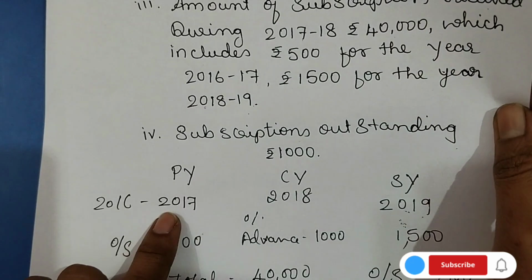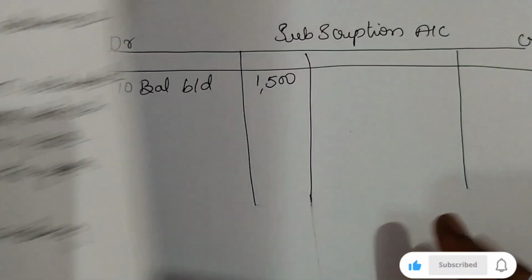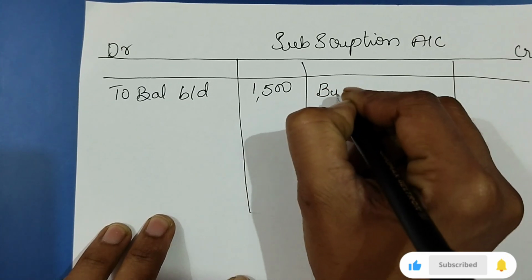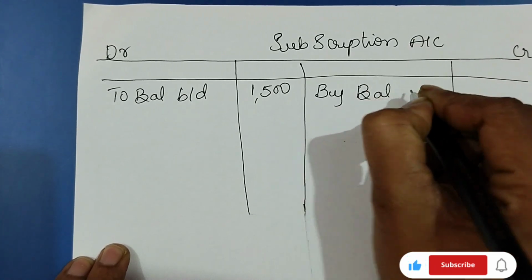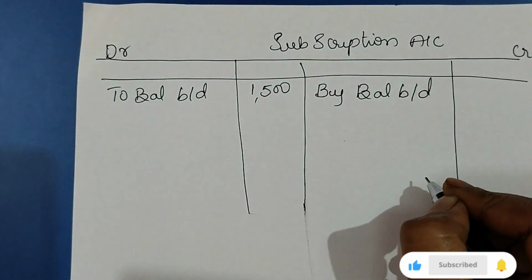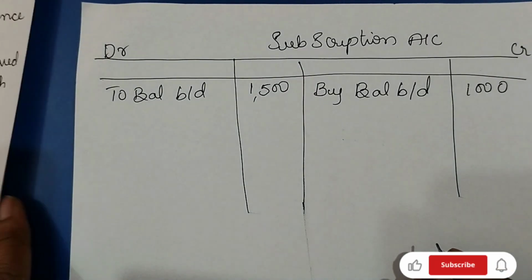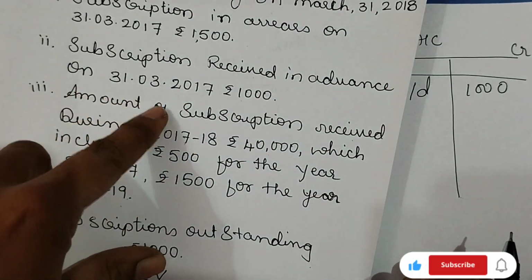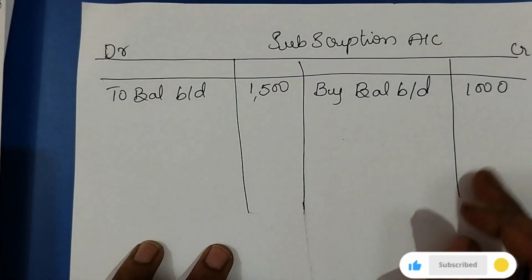This one, 2017, we have received, no? 1500 opening outstanding amount. Here we are recording opening advance by balance brought down. Opening advance was 1000. And here clearly mentioned, subscription received in advance on 31st March 2017. So this is our opening advance by balance brought down.